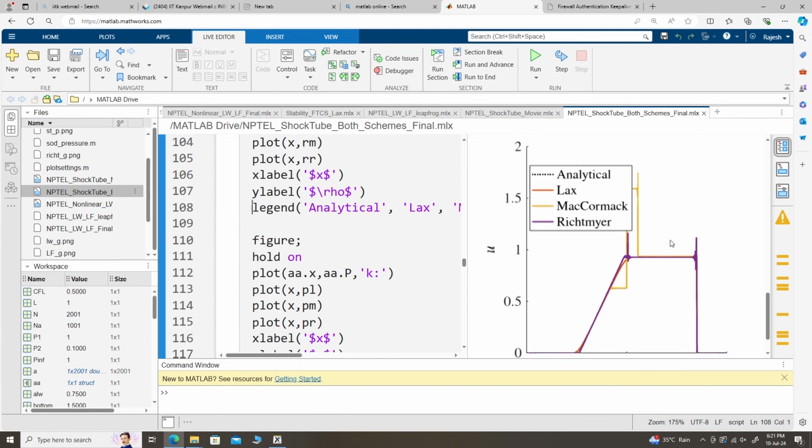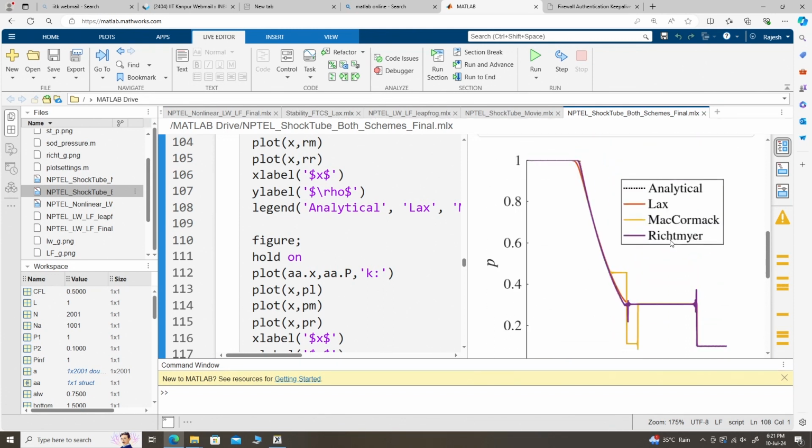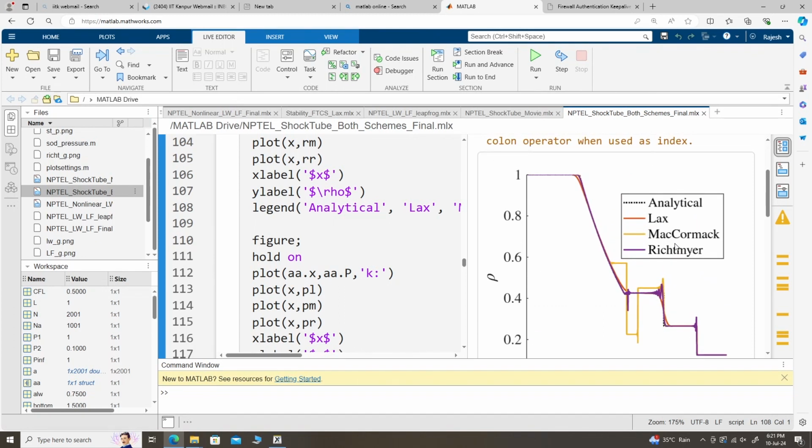So, what we learnt from today's class is that we can use our understanding to code any complex problem also. Right now we have solved the entire Euler equation for the 1D flow. You can expand it to 2D flow, to 3D flow. The only thing that will change is your index will increase. And then we have used schemes like Lax, McCormack and Richtmyer.